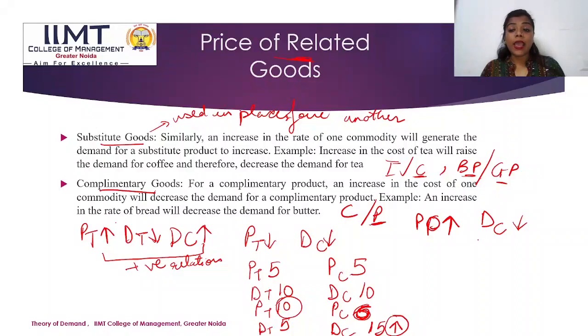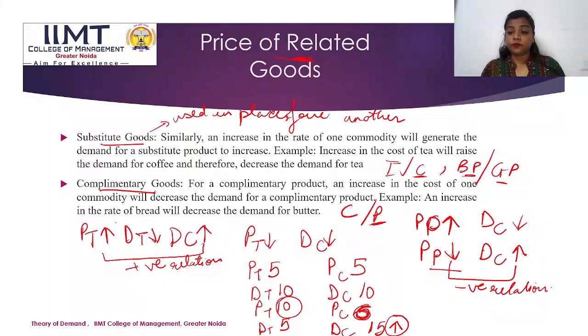People will buy electric cars or they will not buy cars. If the price of petrol decreases, the demand for cars will automatically increase. People will not purchase diesel cars or electric cars if the price of petrol decreases. So from here we can say in complementary goods there is a negative relationship.